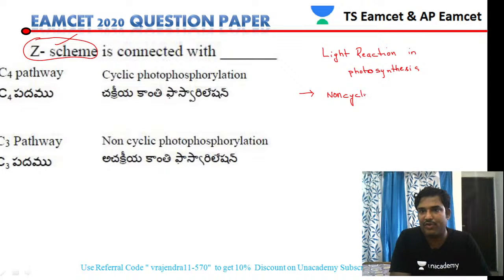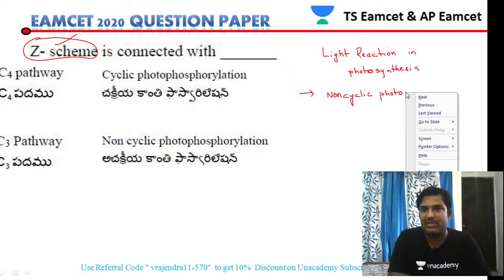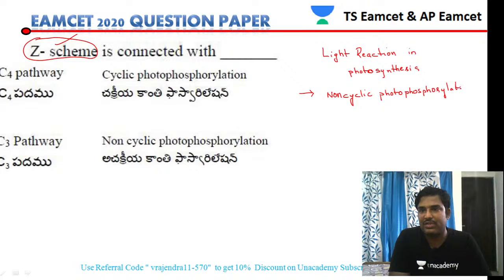In non-cyclic photophosphorylation, two photosystems, photosystem 2 and photosystem 1, are involved.